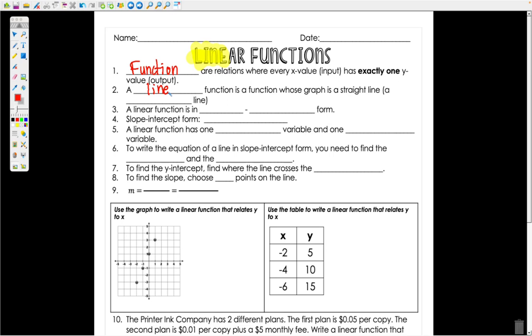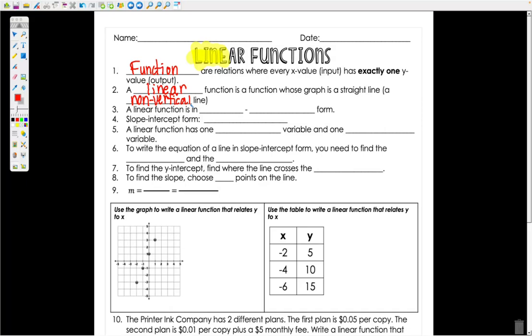But technically, to be a function, it can't be a vertical line. So right on here, non-vertical, because it would fail the vertical line test if it was a vertical line.